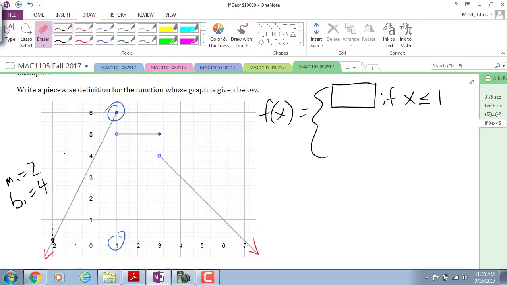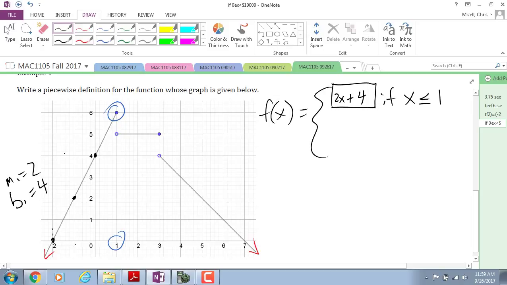So for f of x, we could say it's 2x plus 4 if x is less than or equal to 1. If we wanted to evaluate it at 0, we would get 4, and it would give us that point. If we wanted to evaluate it at -1, we would get 2, and it would tell us to plot that point. So it's that piece of a straight line.